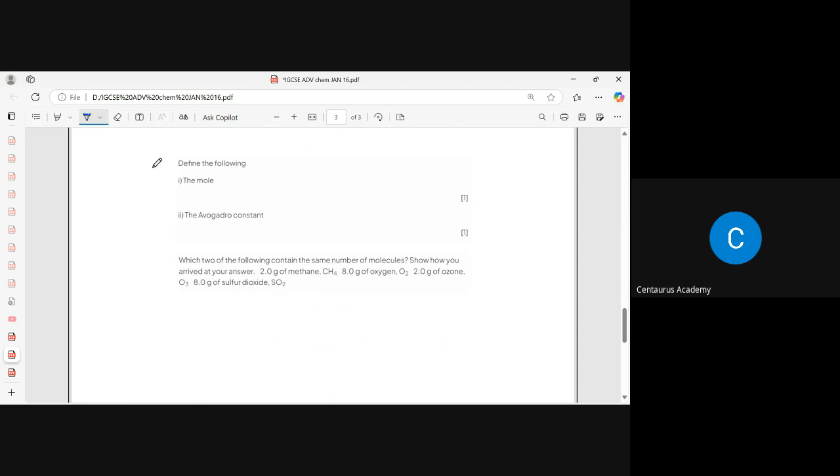When the question says define the following, define does not mean you have to answer in numerical terminology. For instance, here it says Avogadro's constant.